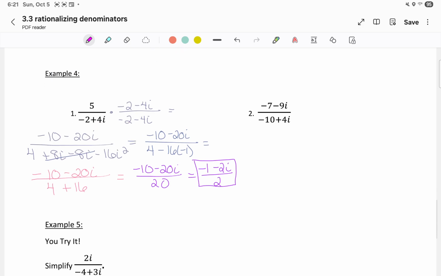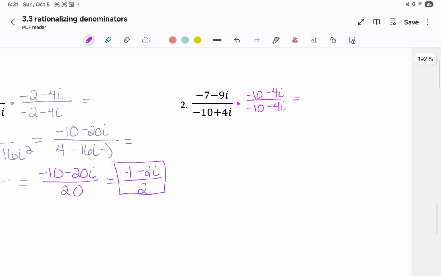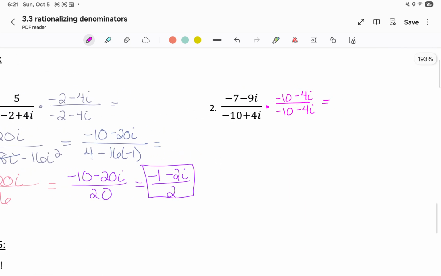All right, so on number 2 here, we've got a binomial over a binomial. So we are still going to multiply by that conjugate. So we have negative 10 minus 4i over negative 10 minus 4i. And so that leaves us with, let's see, I needed to FOIL on both top and bottom. So we have negative 7 times negative 10, and that gives us 70.